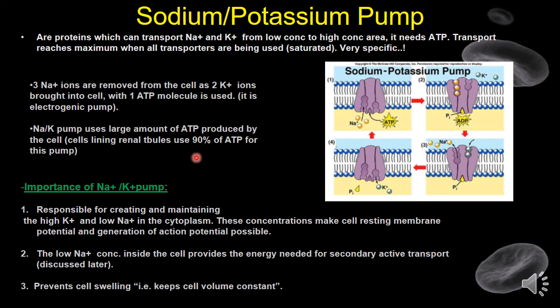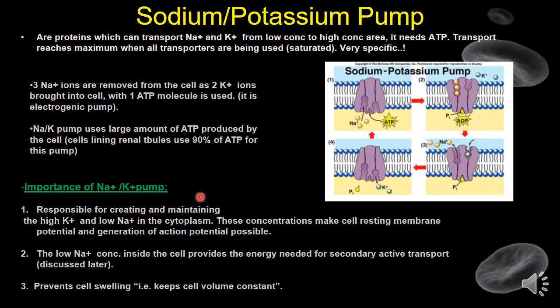And this pump needs a lot of energy in the form of hydrolysis of ATP. For example, cells lining the renal tubules use almost 90% of their energy for this pump.